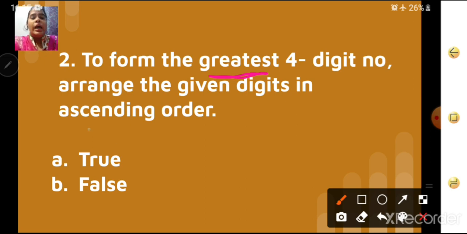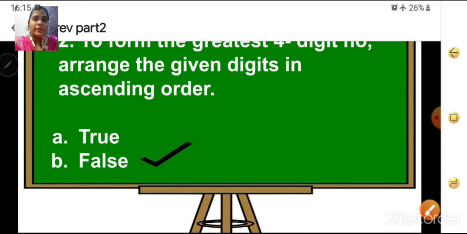So here, and what is ascending order? Ascending order is smaller to bigger. That means the statement is false. To form the greatest 4-digit number, arrange the given digits in descending order and not ascending order. So that means it is false.